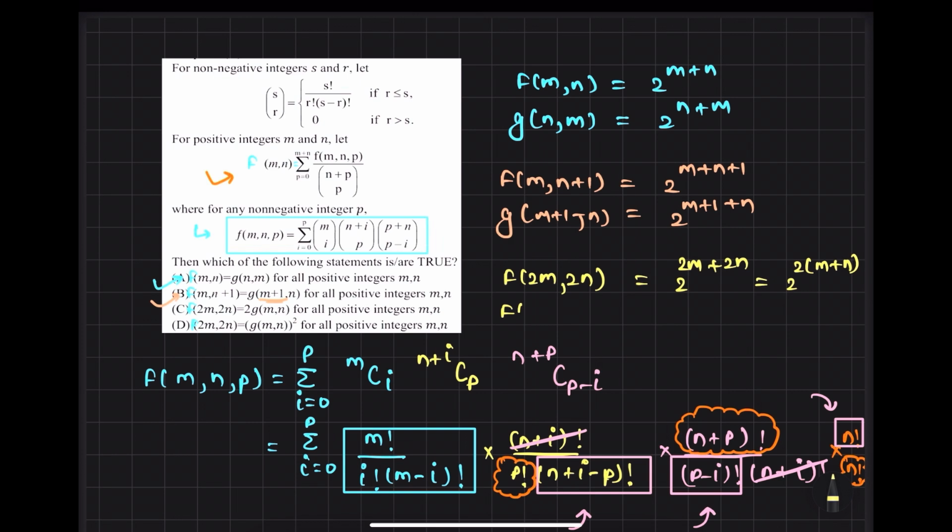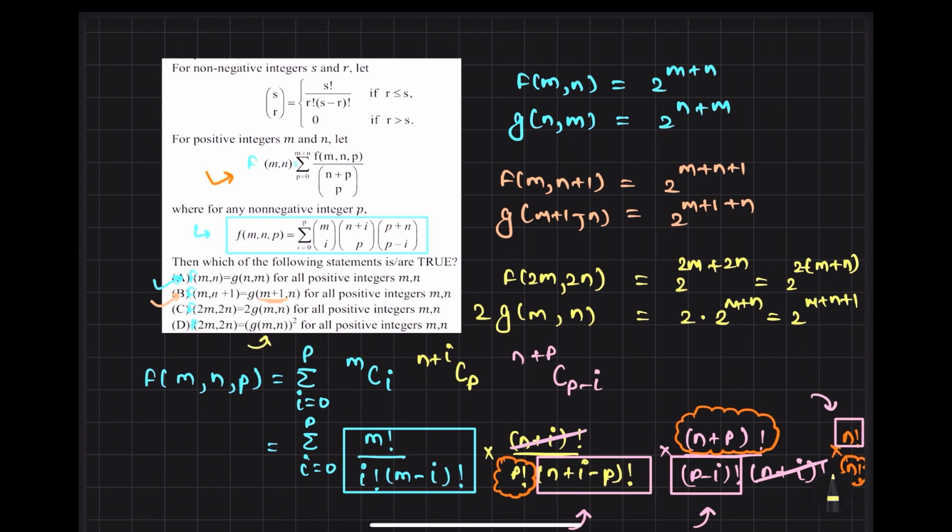Now who is this g of? Acha, 2 times g(m, n). So 2 times, who is g? 2^(m+n). So base is same, power will be added. So m + n + 1. So these two things are not equal. So option C is wrong.